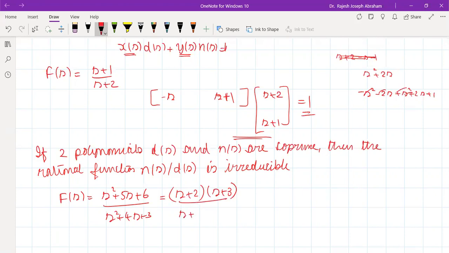S plus 1 into S plus 3. Right? S square plus 4S plus 3. So that means you have a common zero. Okay, numerator and denominator have a common zero at S equal to minus 3. Right? So this is not co-prime. Okay, so N of S and D of S are not co-prime.